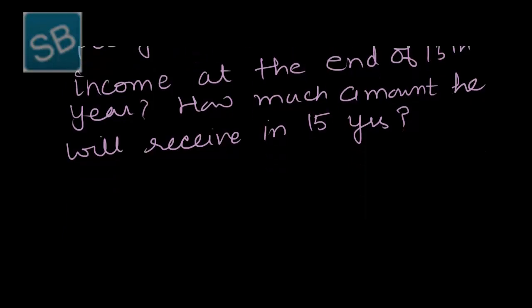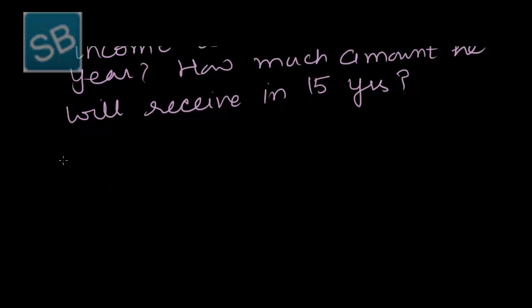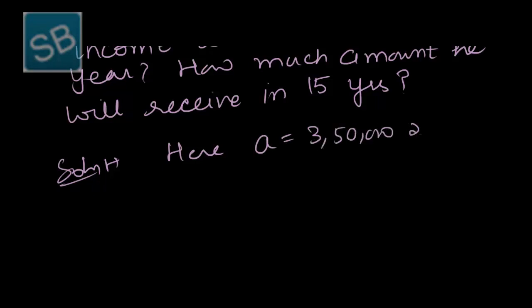So it's clear what we have to find. Here A is 3,50,000 rupees and D is 15,000 rupees as an increment.